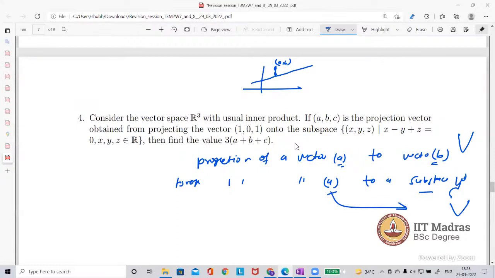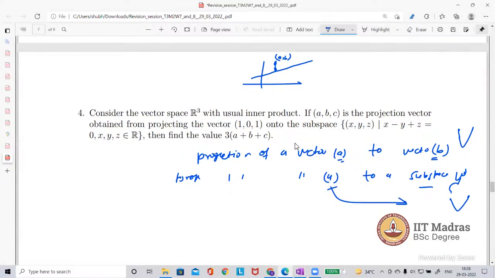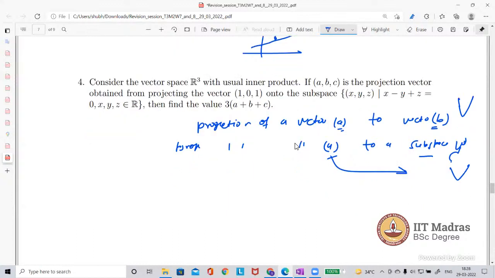So there are two things: projection of a vector on a vector, or projection of a vector on a subspace, but both have the same formula. What is the formula? Projection, in notation form, projection onto a vector B of A equals <A, B> B. But the condition is B should be a unit vector.